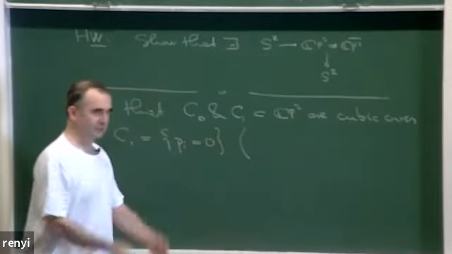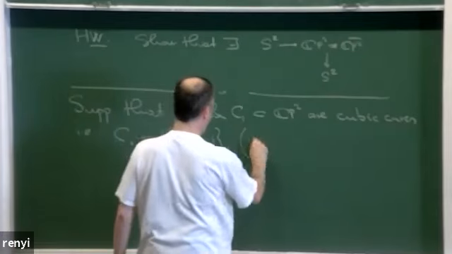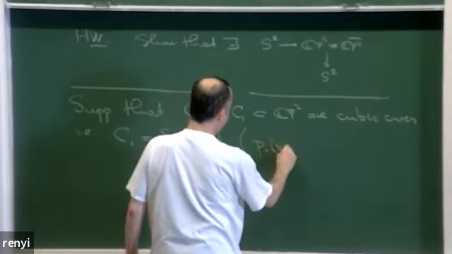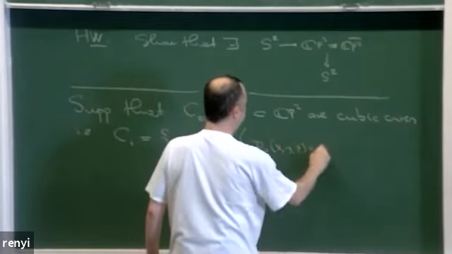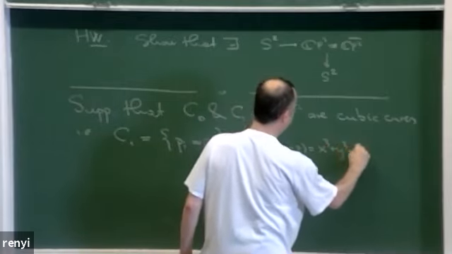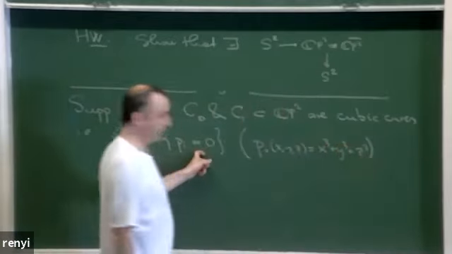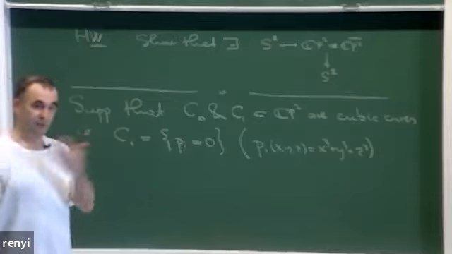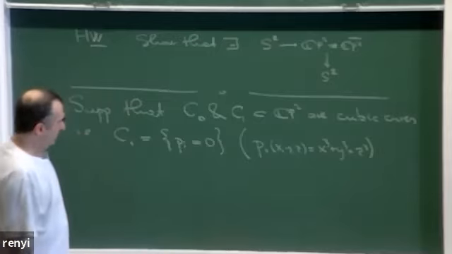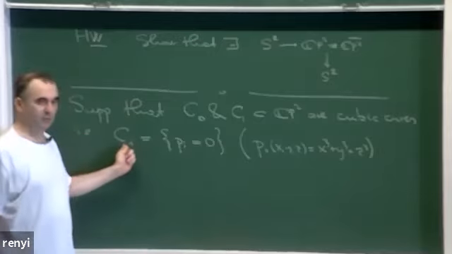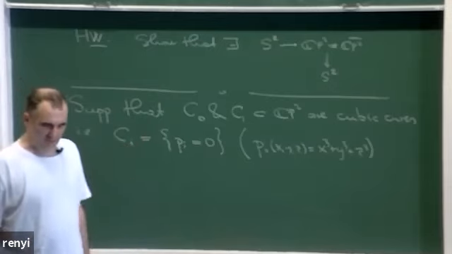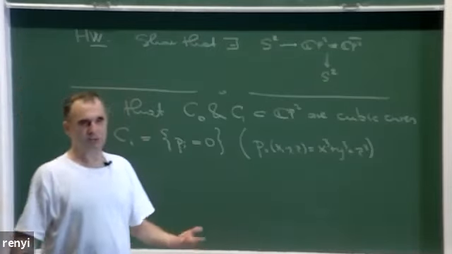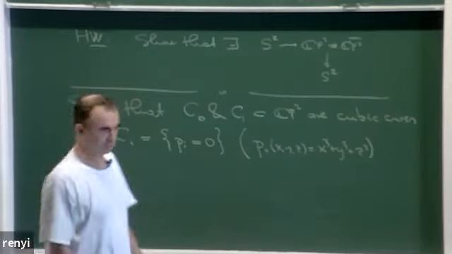So if you want a typical example of P0(x,y,z), it is something like x cubed plus y cubed plus z cubed. And then we take the zero set. This will be a complex one-dimensional object. It's not very hard to see that topologically such an object, if it is a smooth submanifold, will be a torus.